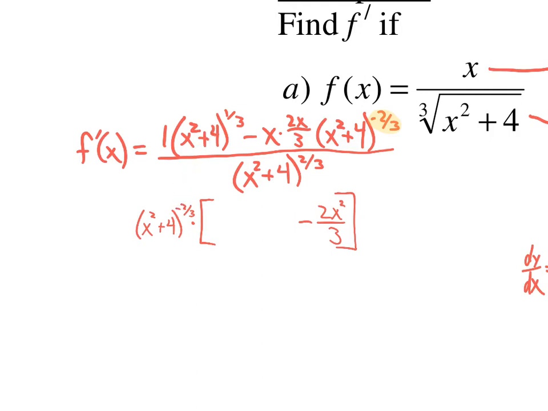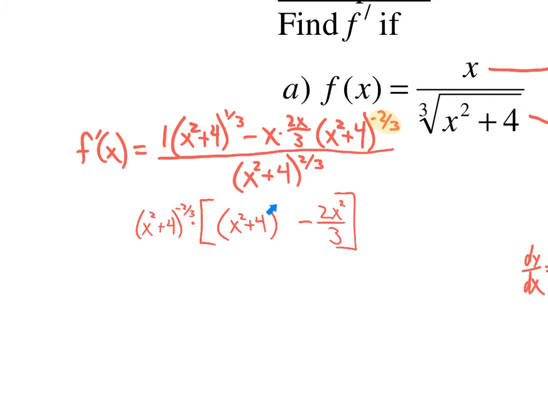But here's the key. Remember, think about distributing it back in. What power would I have to have here in order to, when I distribute this back in, add the exponents and get a third? What would this have to be? 1.